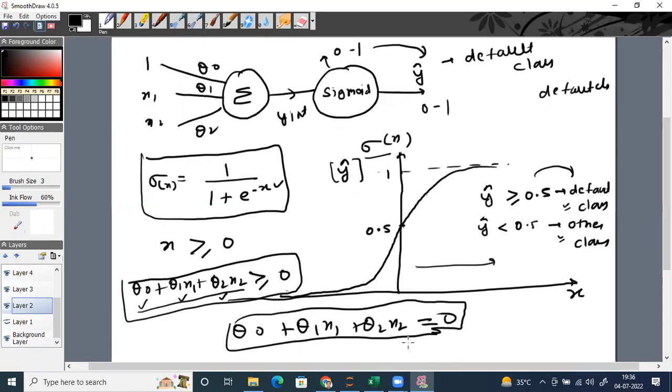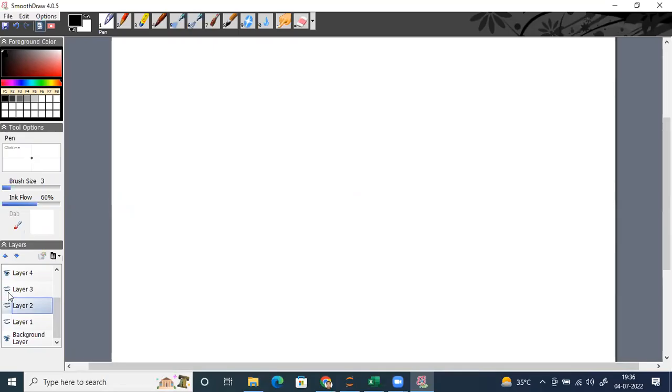Now see what will be the loss function for the same. So loss function or the cost function, whatever you call it. For logistic regression, cost function is minus log y hat. Y hat is what? Remember, probability of default class. This is when actual class is 1 or default class.